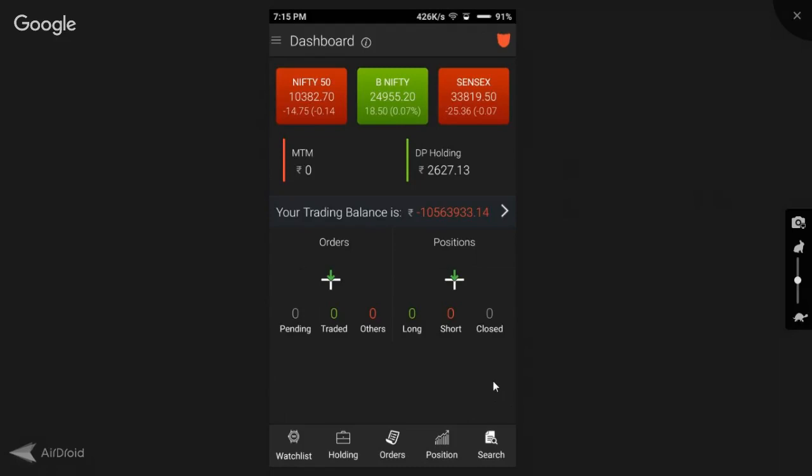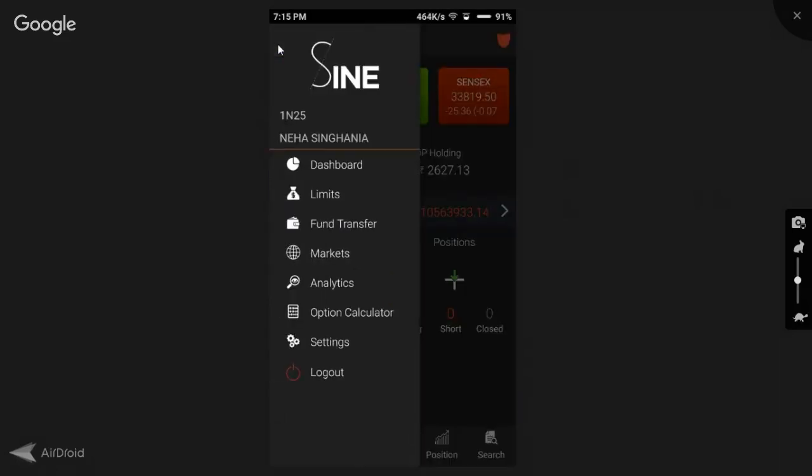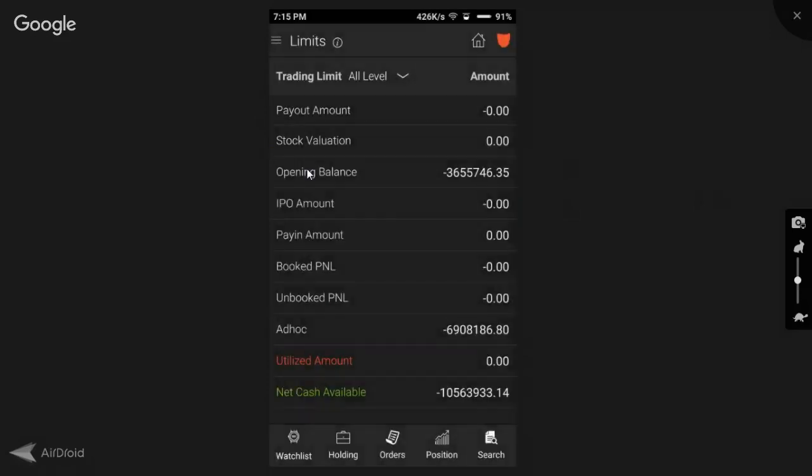If we want to check how much money we have, we again go to the top right hand side to the grand section over here, and go to the option limits. So I go to limits, and as you can see, it is clearly showing how much balance I have. It shows how much value I can take out, and what my opening balance is for the moment.